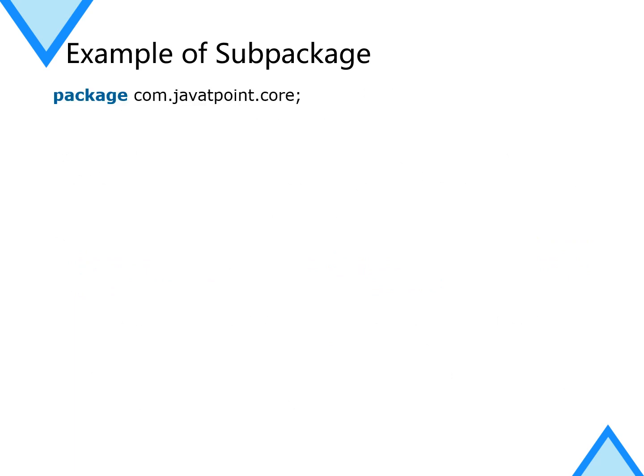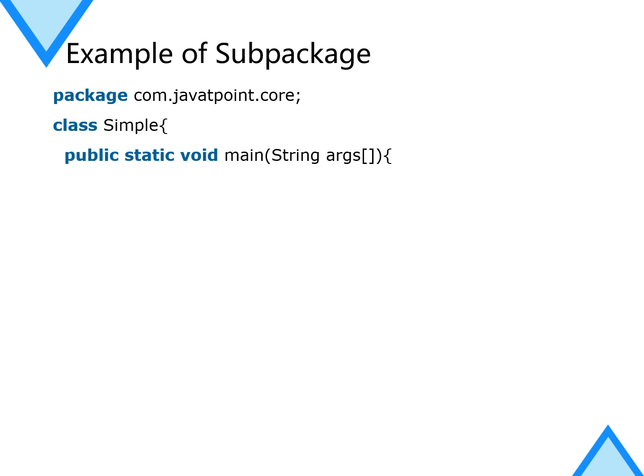Example of a subpackage: package com.javapoint.core. We have a class Simple, and inside it the main method, in which we print a message, "Hello subpackage".